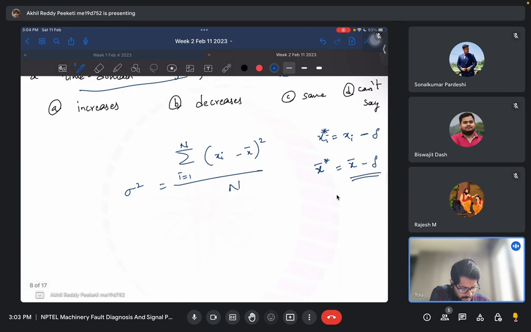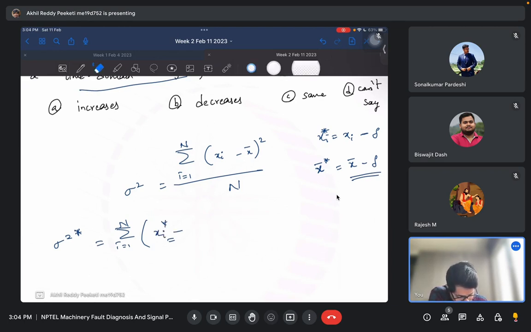So what would happen to this equation? Sigma square of the new data would be the sum of (xi star minus x bar star) whole square by n.